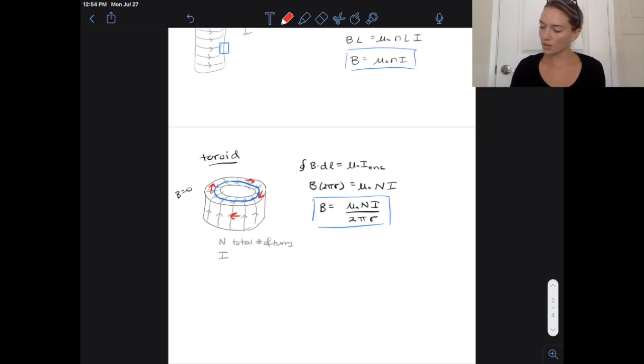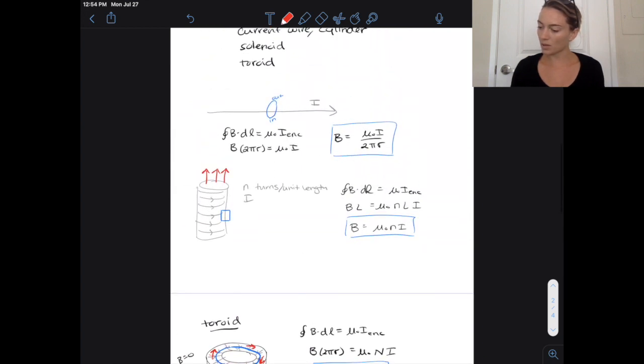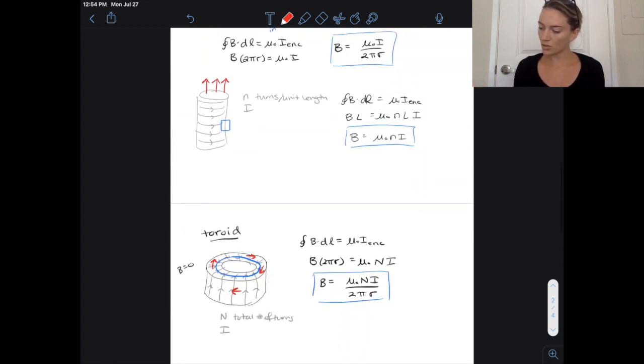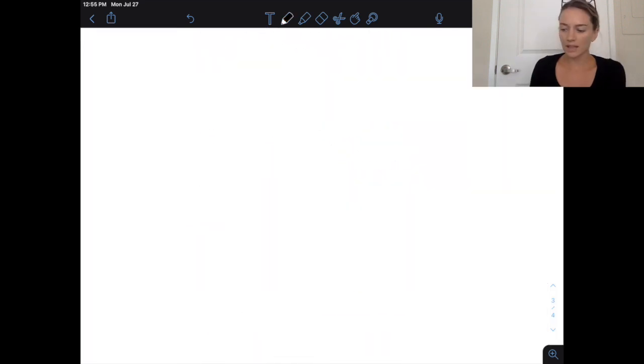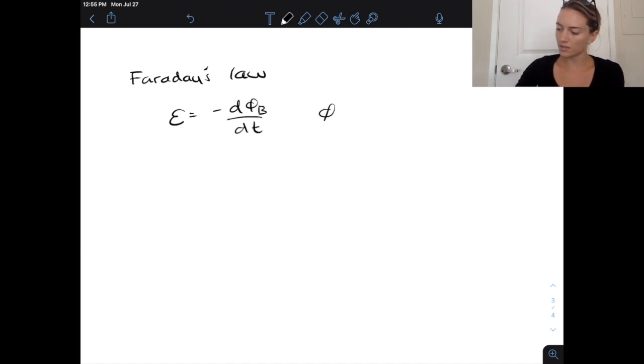Okay, and so these are the three main cases for Ampere's law. So make sure that you know how to do all three of these. Okay, and then the last thing is just Faraday's law. So this is another one. Make sure that you remember this equation, and then the flux is B dot A. So make sure that you know how to calculate the flux.